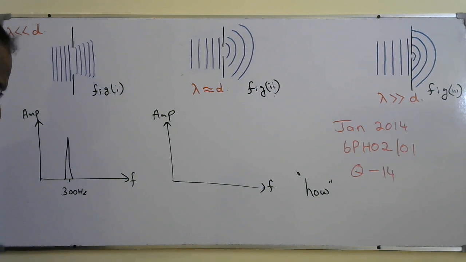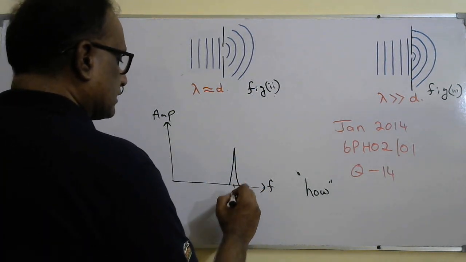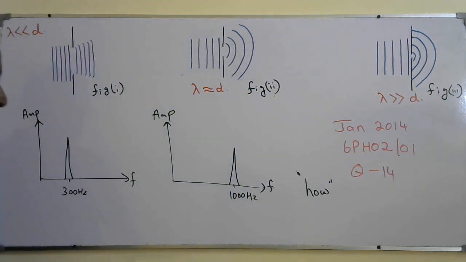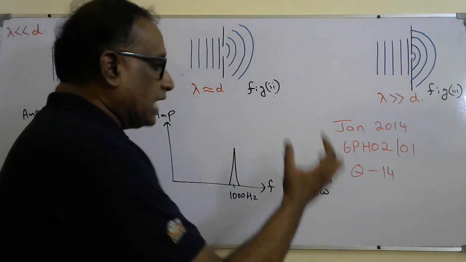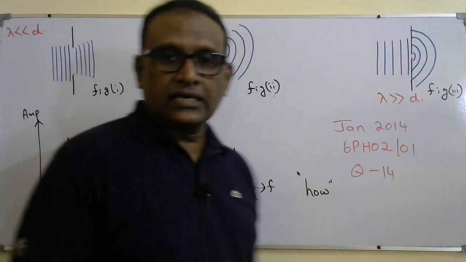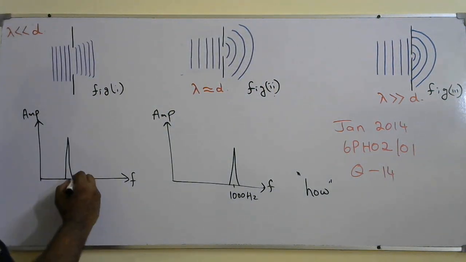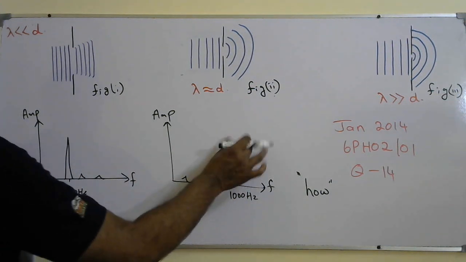For the female, it's given at 1000 hertz. When a male and a female say the word 'how', the voice frequency spectrum is given. There are other, smaller peaks also given, but we don't need to consider those, only the highest peak.